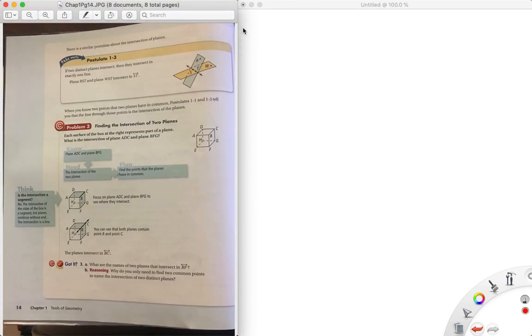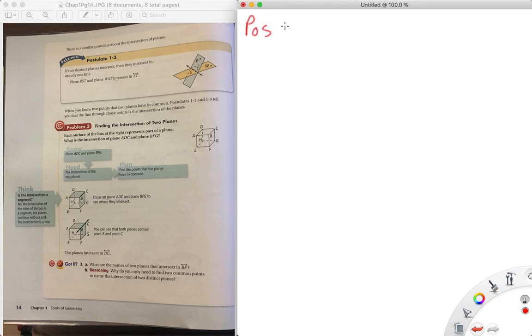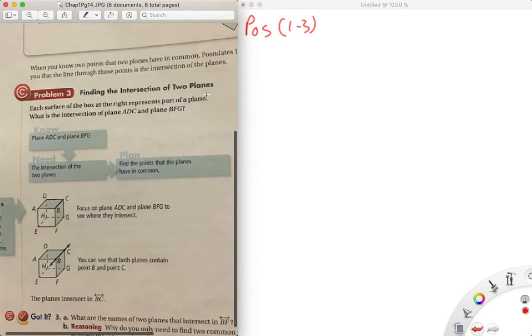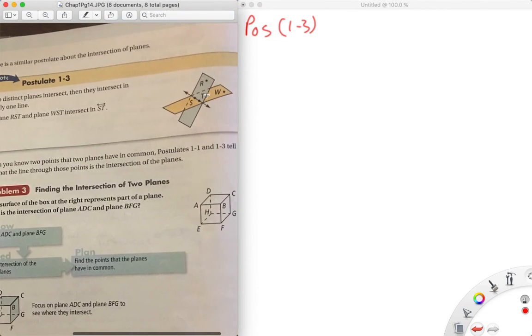Postulate 1-3. And what postulate 1-3 says is that if we have 2 planes, and I can't draw 2 planes, I've tried, I can barely draw a straight line.